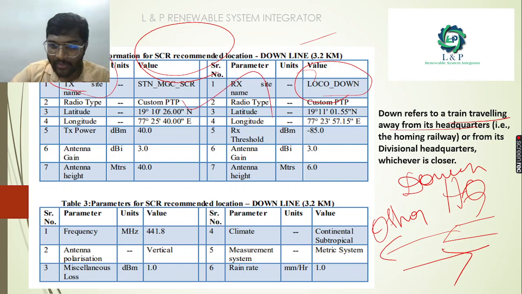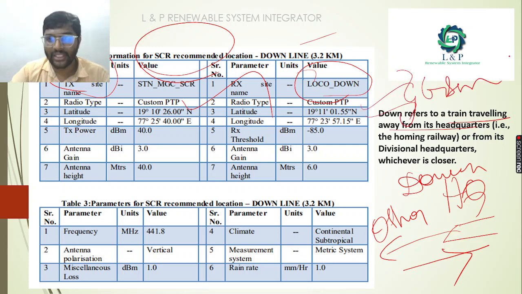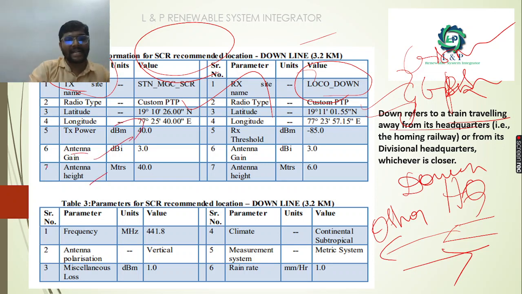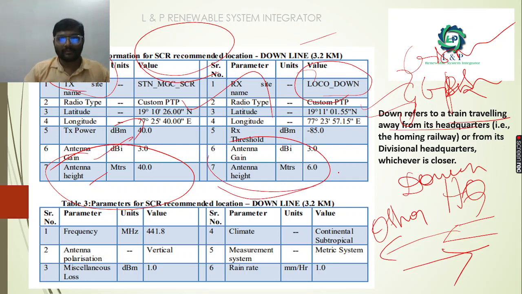Through the GPS and GSM antennas we will know the latitude and longitude information, and also the power, antenna gain and antenna heights. Most importantly, this will be the part of the loco, and this will be on the station side. All this information the station control room will receive.